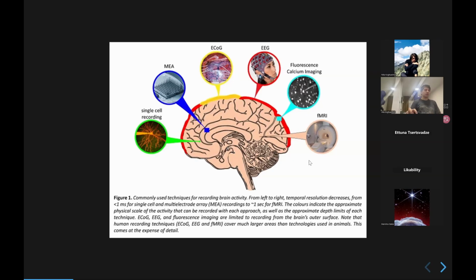So there are different ways that we can measure this. Mostly, you can say that it falls into a few categories. Roughly speaking, there's a category where we measure electrical activity of our brain because of our neurons sending signals to each other. And there's a category where we measure blood flow in our brain. Now, what does that mean?